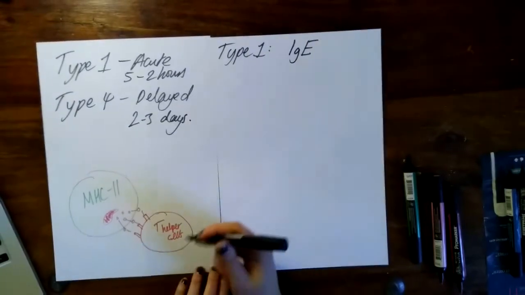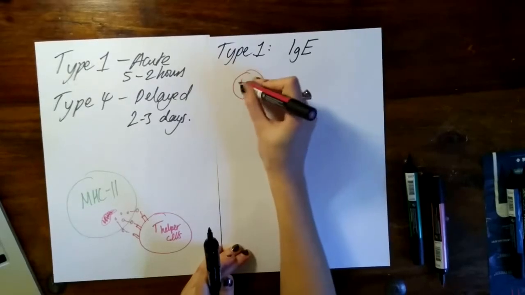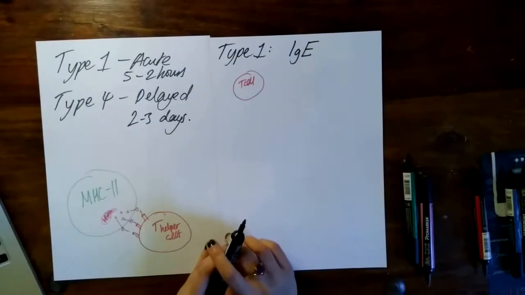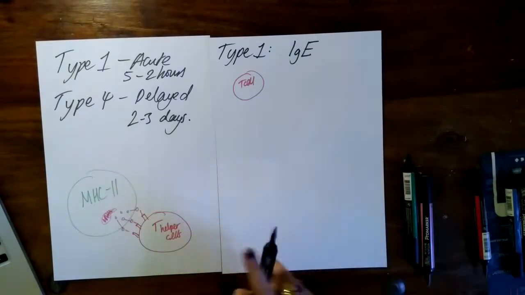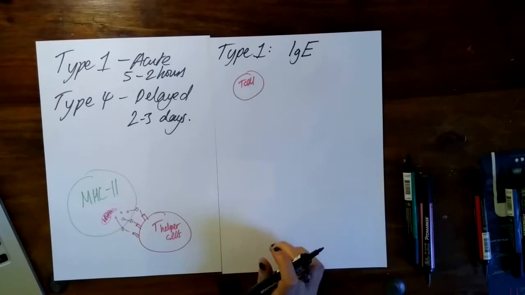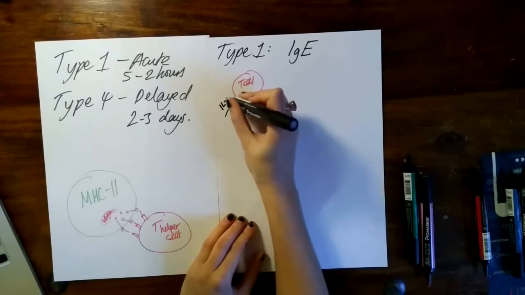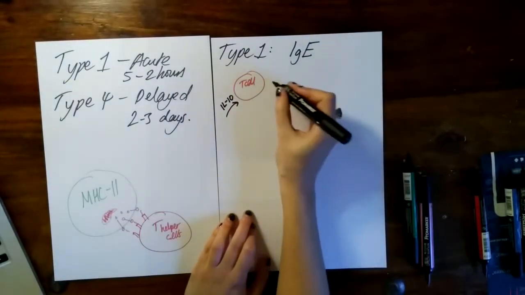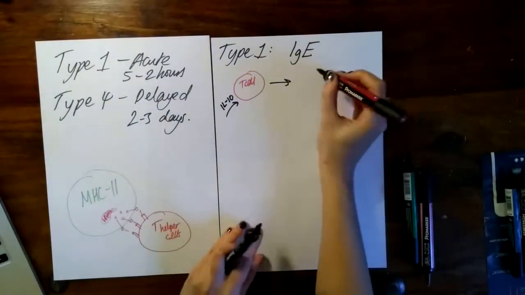So following the T cell stimulation, activation occurs via a cytokine or signaling molecule called interleukin 10, or IL-10, which turns the T cell into a T helper 2, Th2 type cell.